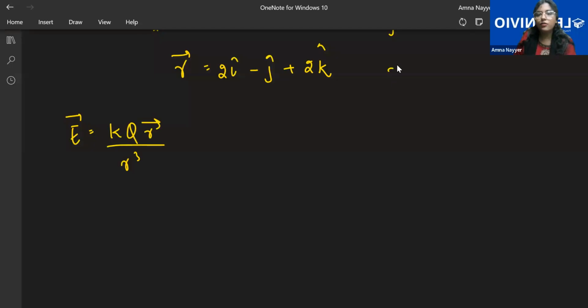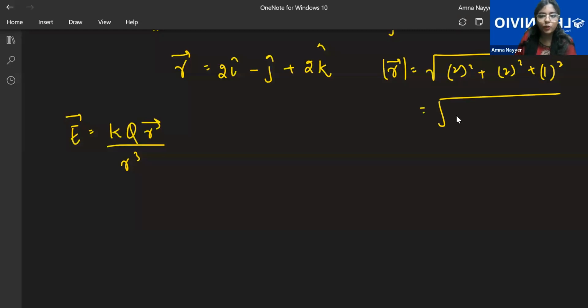Magnitude of R vector will be under root of 2 square plus 2 square plus 1 square. That is under root of 4 plus 4 plus 1, that is root 9, which is equal to 3.